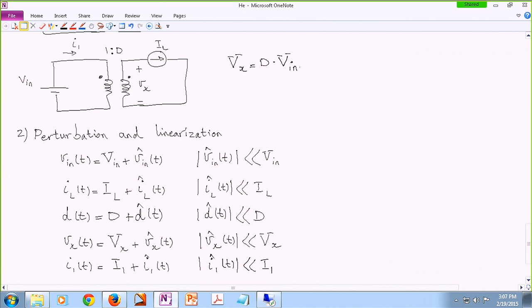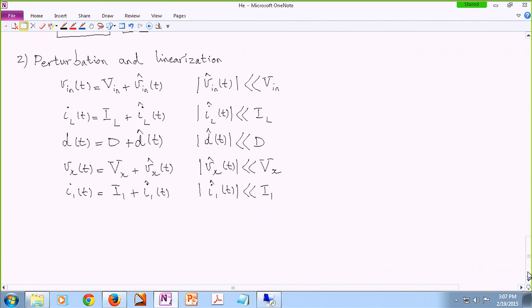Now, I kind of generalize the signal and write it this way. Vn times D, and then I replace Vx with its DC component plus its ripple.